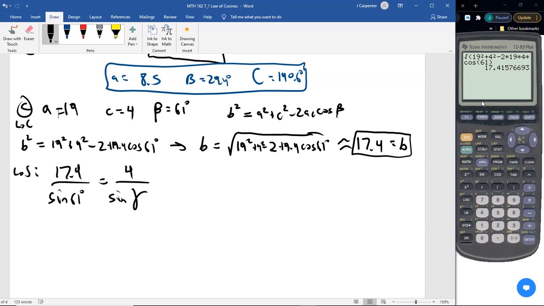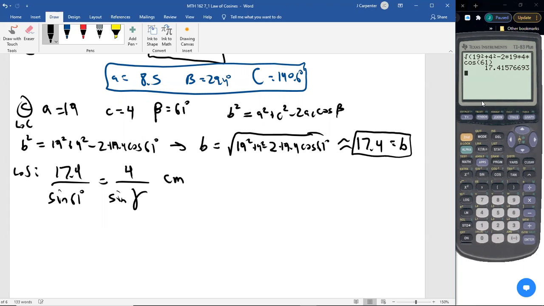This angle will be off by a few tenths of a degree, but no more than that. If you don't want to be off, then use the more exact answer here, 17.415766693. But I think the homework tells you to round to the nearest whole for these, so it's not really an issue.